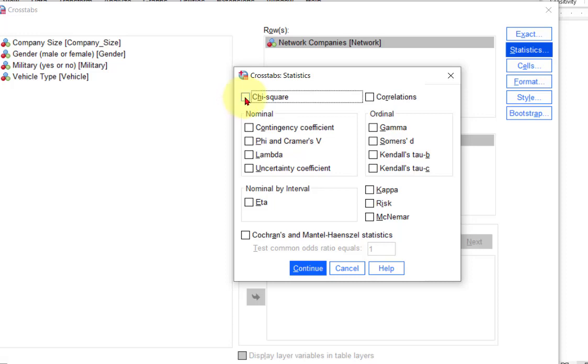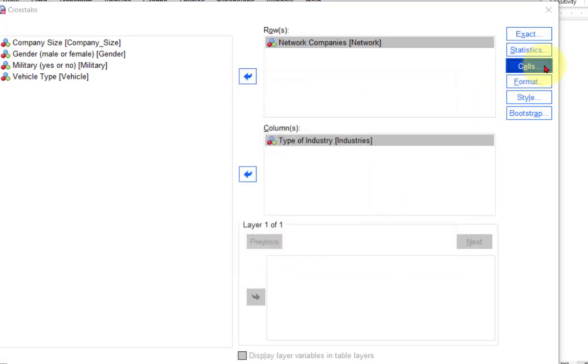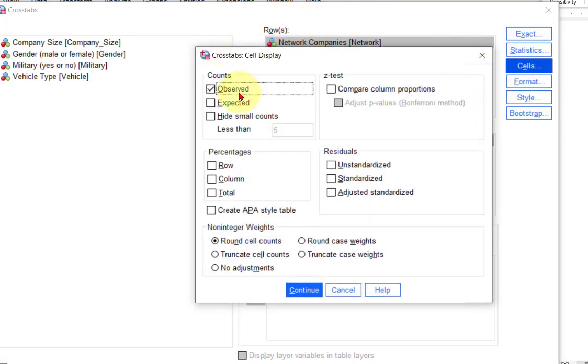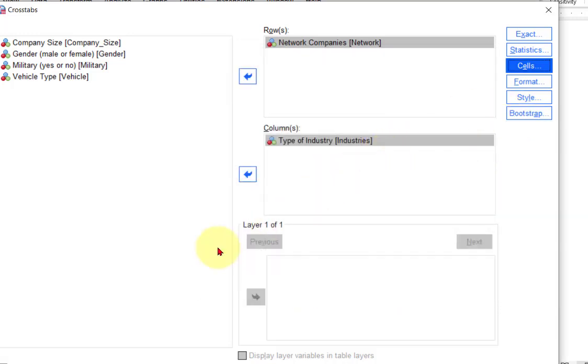We want the chi-squared. We want the phi and the Cramer's V. That is your effect size. Cells. The default, they pick the observed, that's real data. Expected if the null were true. And standardized. That'll tell us if there is an association. It'll tell us where. And that's about it. Let's click OK.